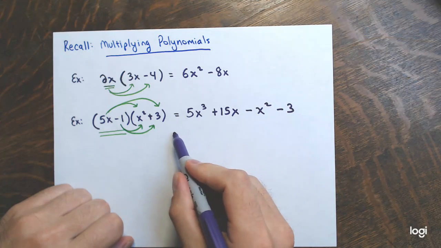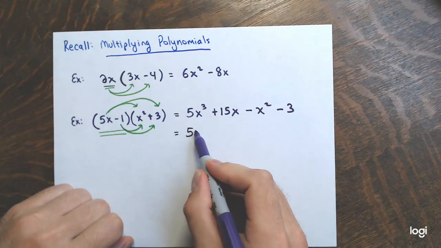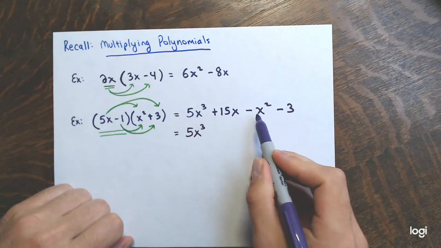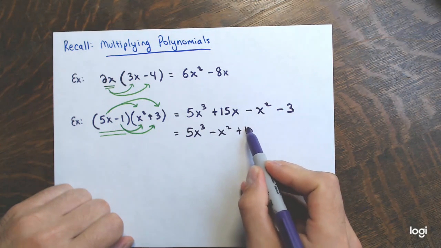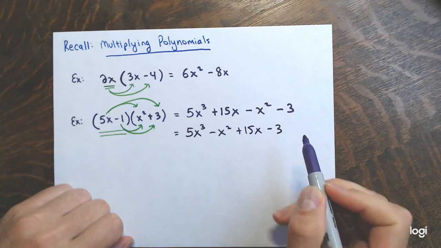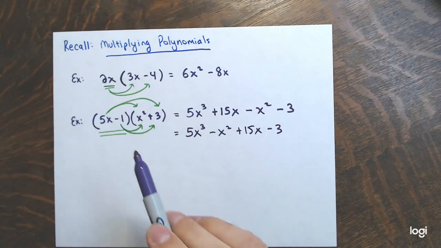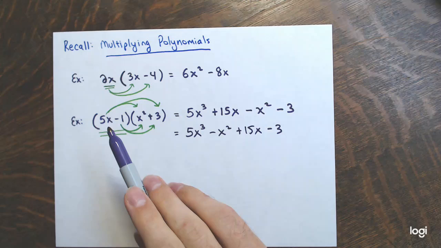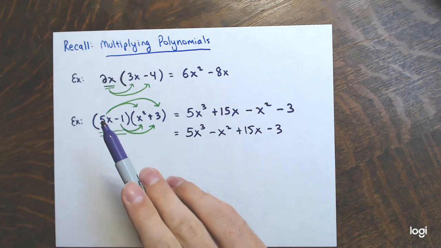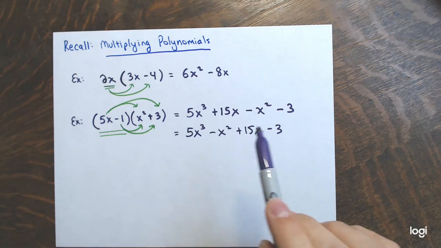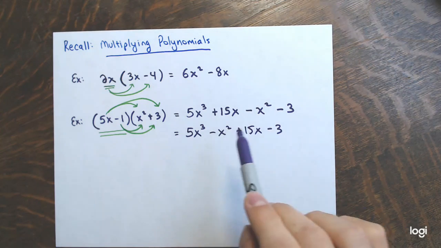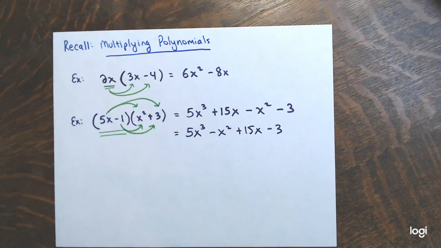And very often they'd say write it in descending order, so the 5x cubed first, then the negative x squared term, then the positive 15x term, then the negative 3, right? But still, you took every term from one polynomial and distributed those terms to the other polynomial. And then if you had to, there's nothing to do here, but if you had to, you would then combine like terms.